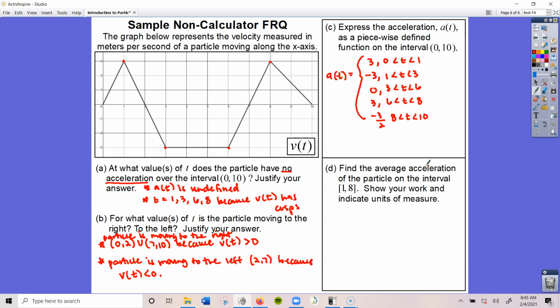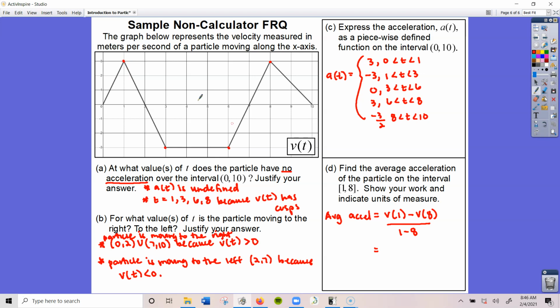Now it says to find the average acceleration of the particle on the interval 1 to 8, show your work, and indicate units of measure. So average acceleration, remember, is the slope of the secant line. So that's going to equal v of 1 minus v of 8 over 1 minus 8.